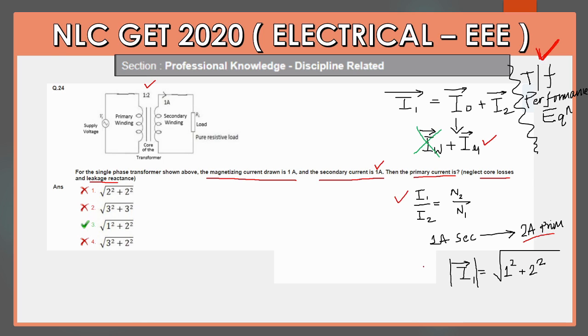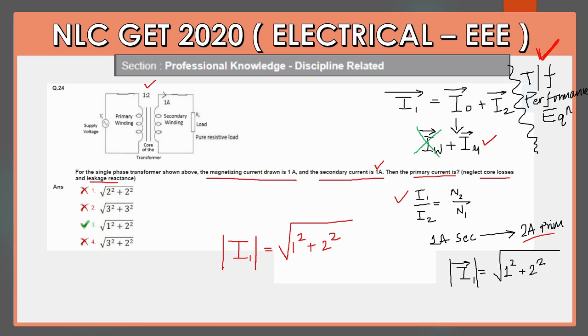So if you finally add them, I1 mod equal to square root of 1 square plus 2 square. It is not simply addition, it is vector addition. That's why if it is asking about the magnitude, you have to take the square, add, and take the root.